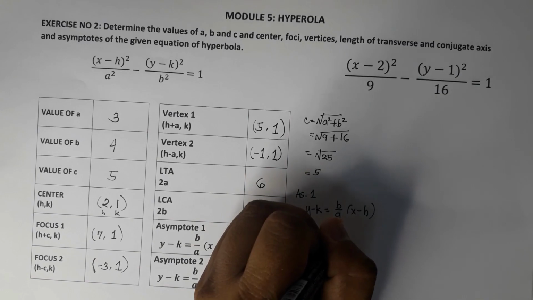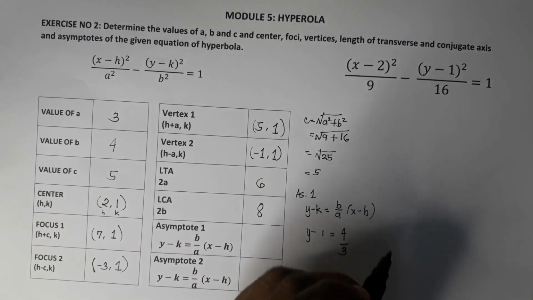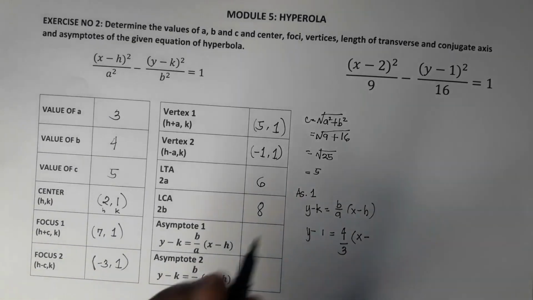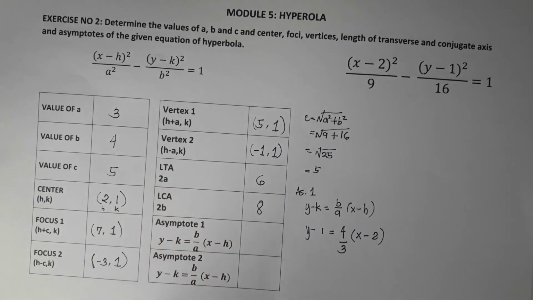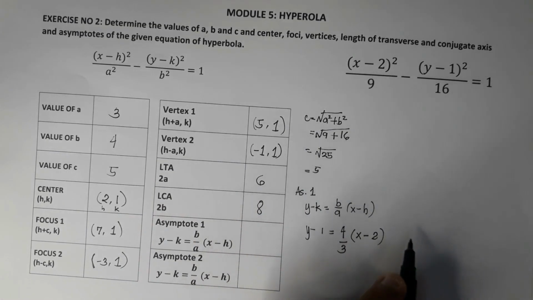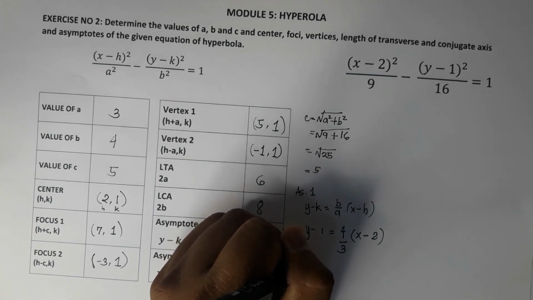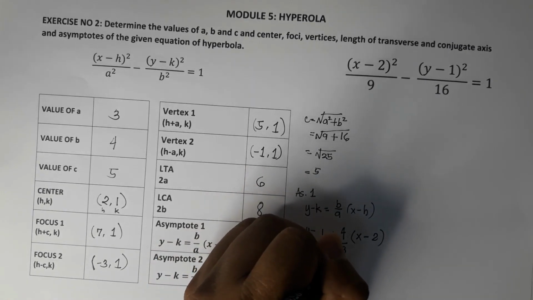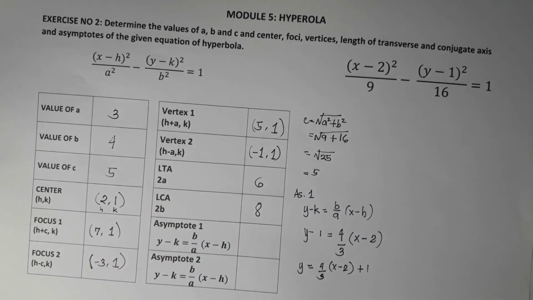That makes it 4 over 3, 4 over 3, that's our B over A, times x minus h. What's the value of h? 2. So, ano pong susunod na gagawin natin? Ang gagawin po natin is itong negative 1, itatranspose natin siya sa kabila para y na lang yung matitira. So, pag nag-transpose tayo, yung negative magiging positive plus 1. Yan ang mangyayari.